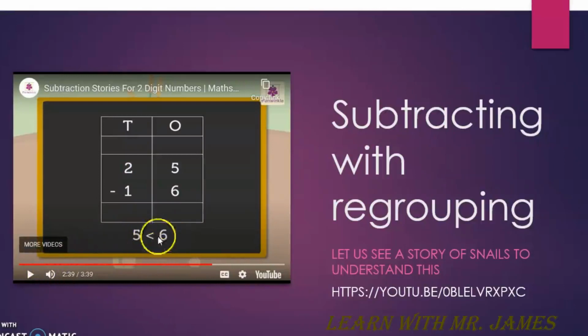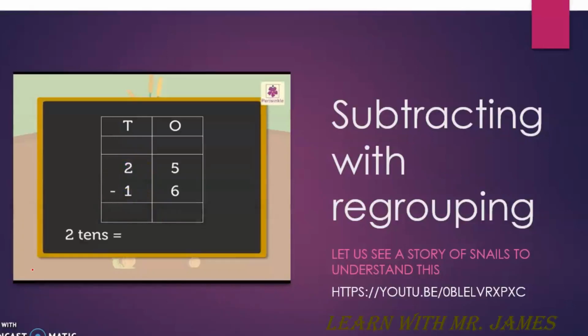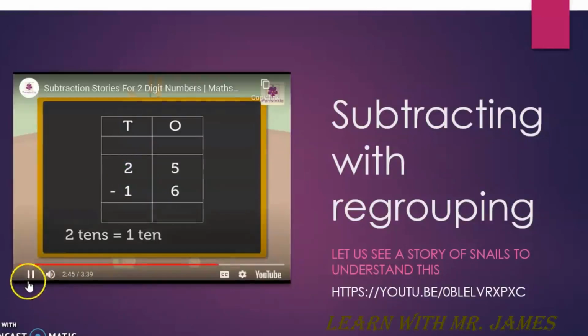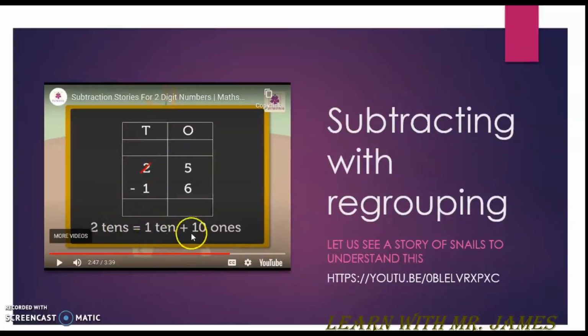We have to get 1 ten from 2 tens, which is in the tens place. So 2 tens is equal to 1 ten plus 1 ten. That 1 ten can be written as 10 ones.